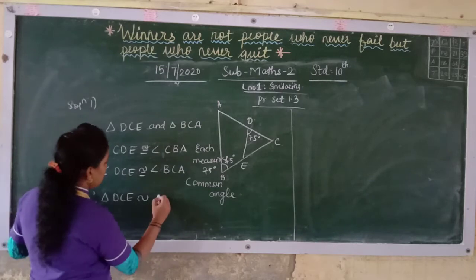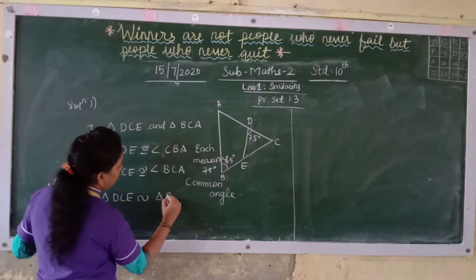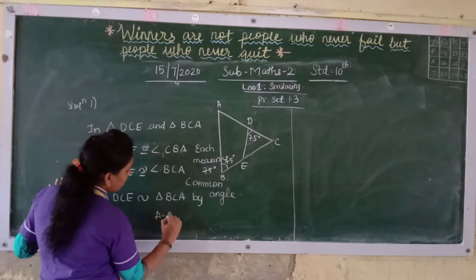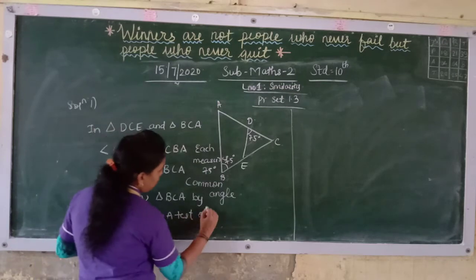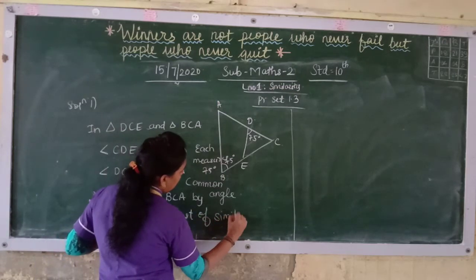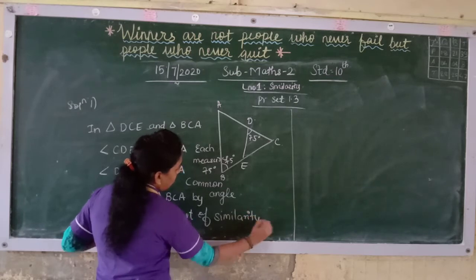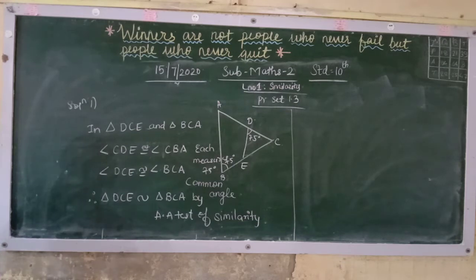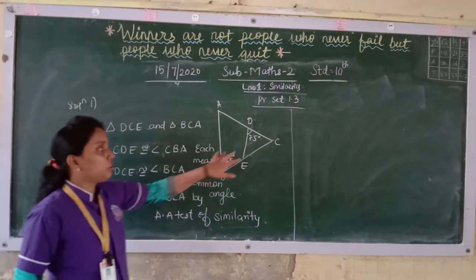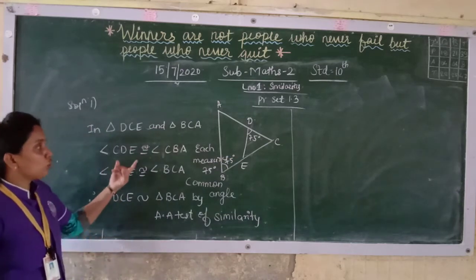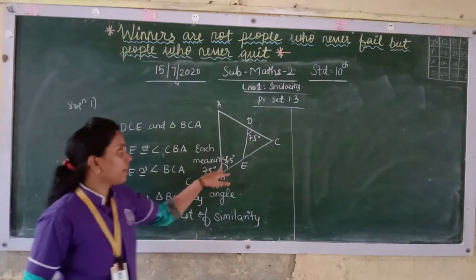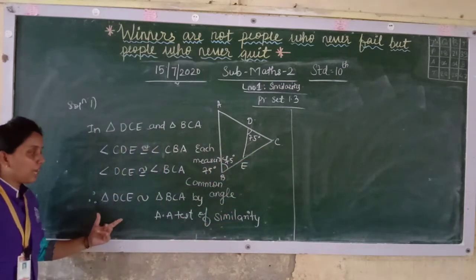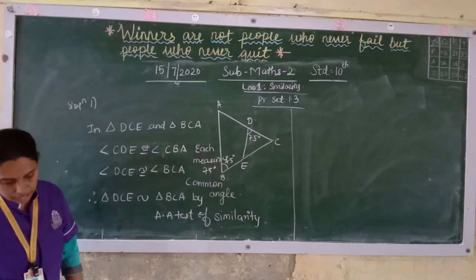So triangle DCE is similar to triangle BCA by two angles, so it will become a test of similarity. So this was easy. You had to take the two triangles and then show that two angles are congruent. In this, one angle was already given. Second one, the common angle. So it came similar by a test of similarity.